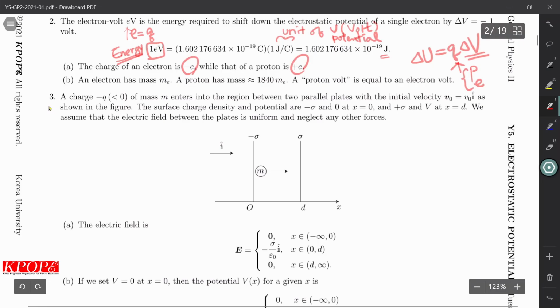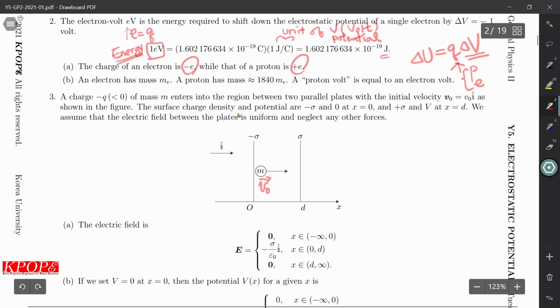Number 3, a charge minus Q of mass m enters the region between two parallel plates with initial velocity v0, as shown in the figure.